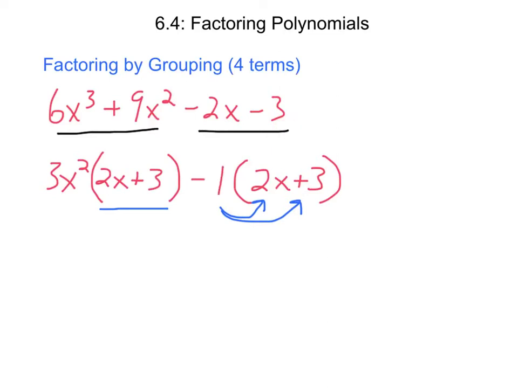And then the factor that's in parentheses on both sides, the 2x plus 3, that's in common to both, can be factored out as one of the sets of parentheses in our answer. And then the two things that are in front, the 3x squared and the minus 1, will be the other set of parentheses. And that would be our final answer.